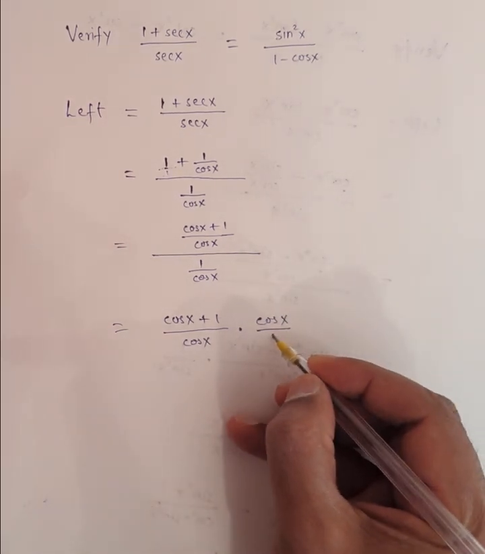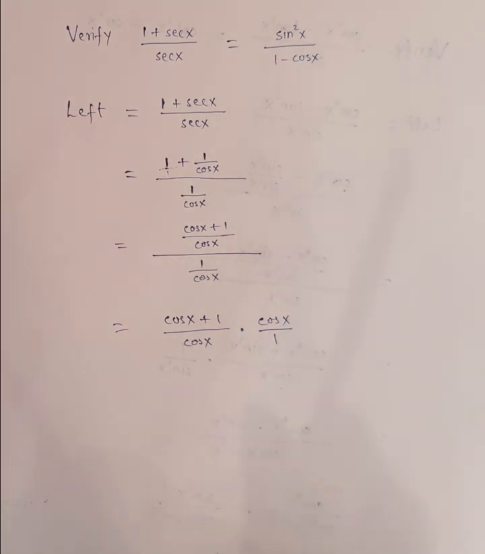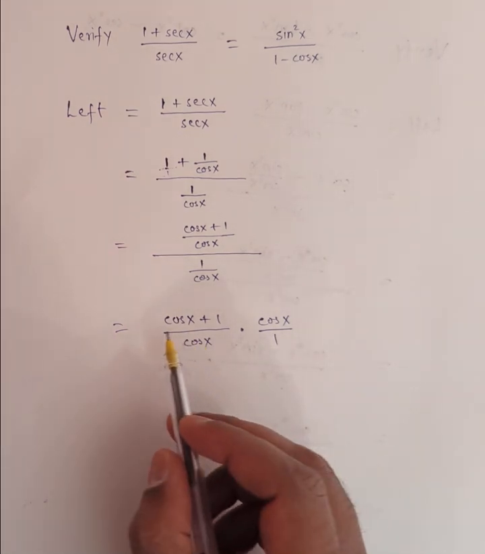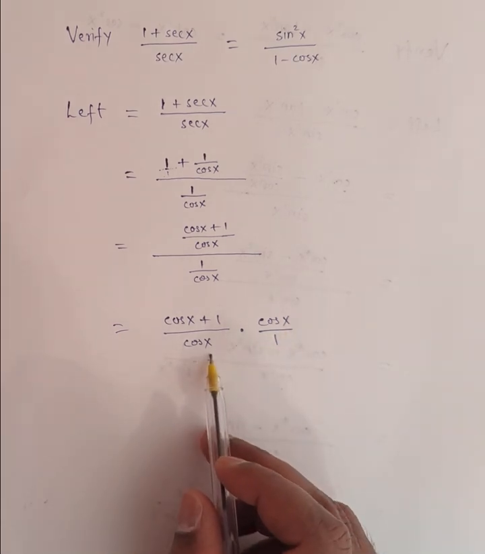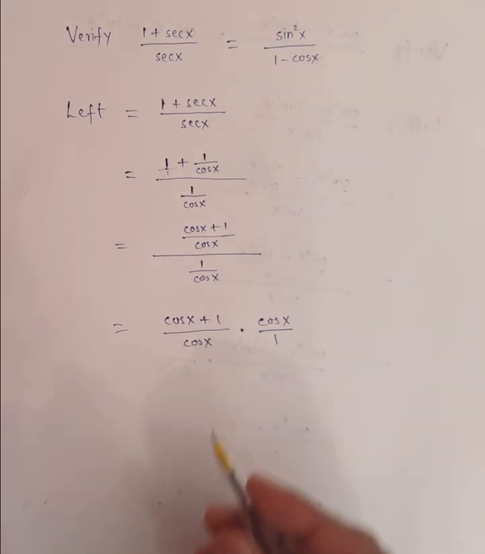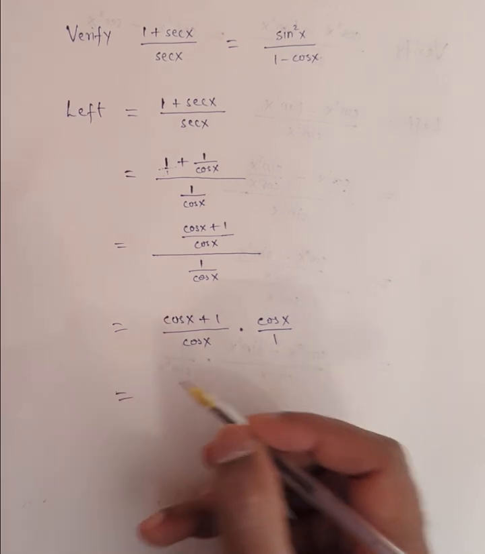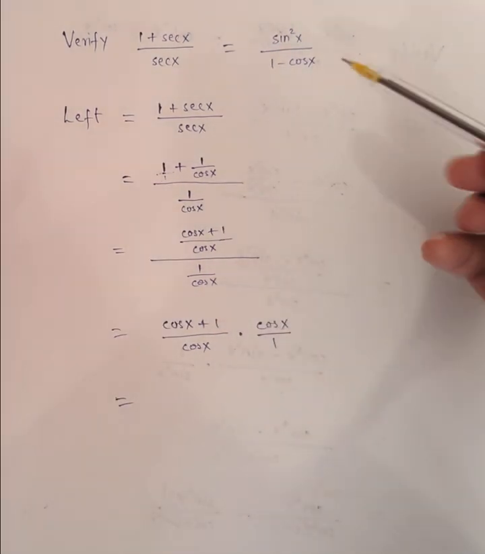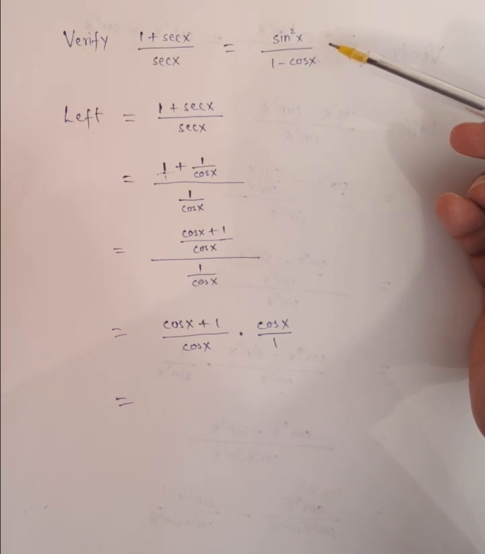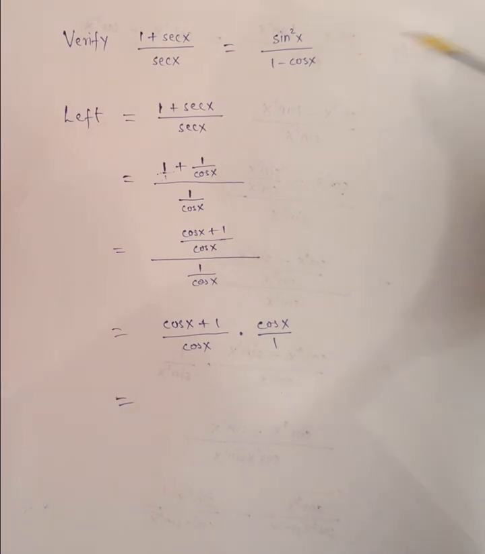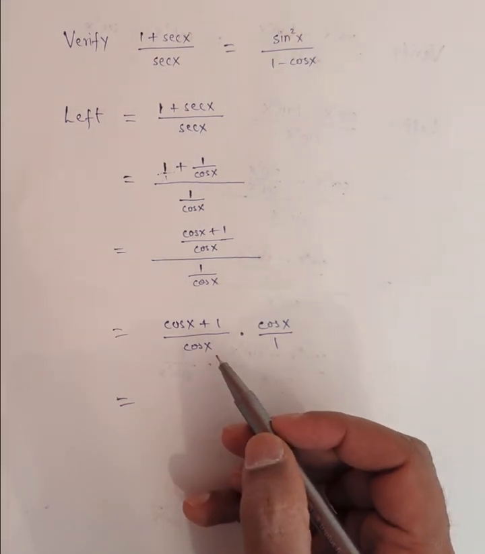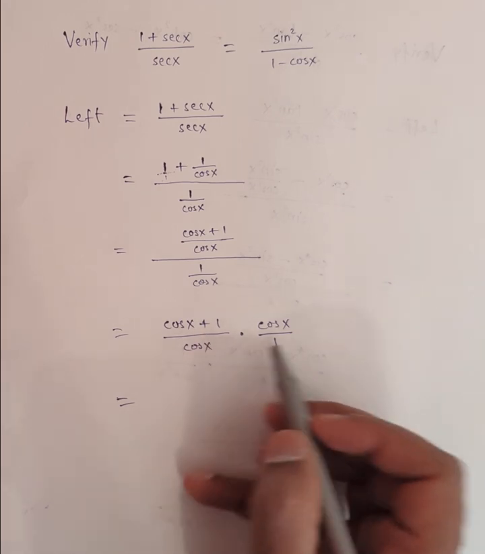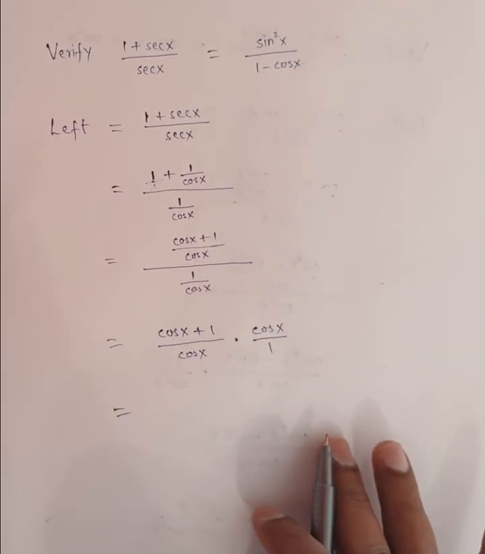That's the idea. And notice what we have now is cos x plus 1 times cos x over cos x times 1. Now, does it look like the right side? No, not yet. So what can I do? Notice that to multiply two fractions, you simply multiply them across.